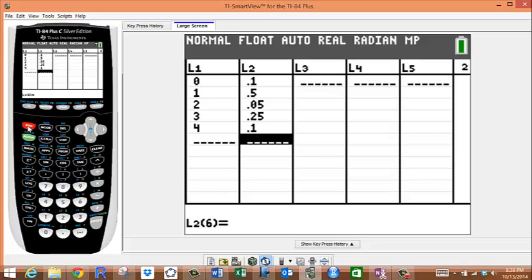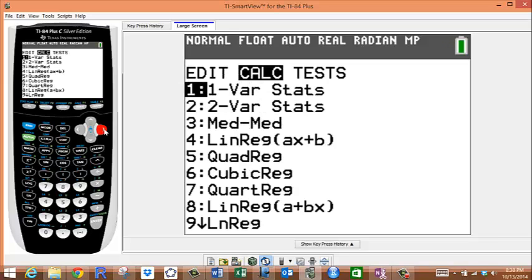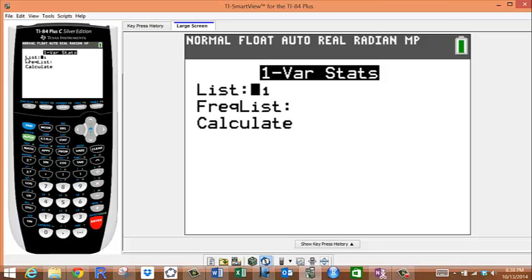We just go to quit there, and then we're going to go to Stat. We're going to go over to one variable stats, and our list is L1. That's the X values, and our frequency will go down here, and we'll hit second to L2, and then enter.